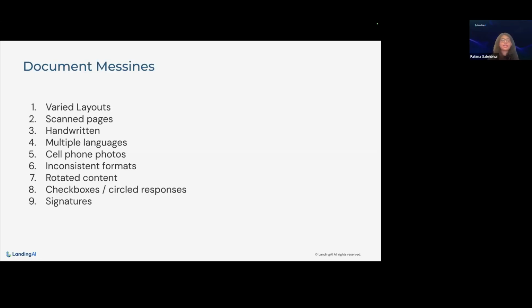It also can handle rotated content, checkboxes or circled responses, which are similar to checkboxes, and it can detect a bunch of attestations, like signatures, stamps, and can tell you if this is signed or not signed based on the signature present.